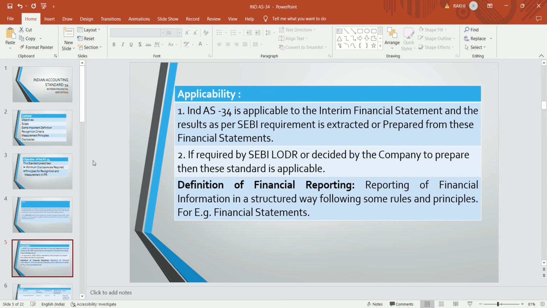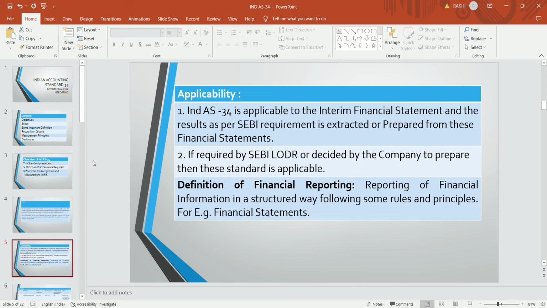Now, what is the definition of financial reporting? Reporting of financial information in a structured way following some rules and principles. Means in a proper, structured way, all the reporting is to be done following rules and principles.